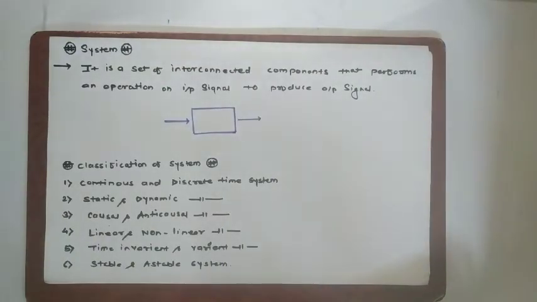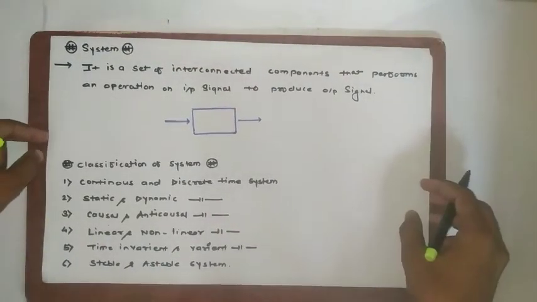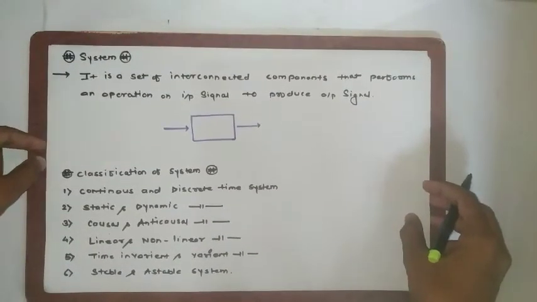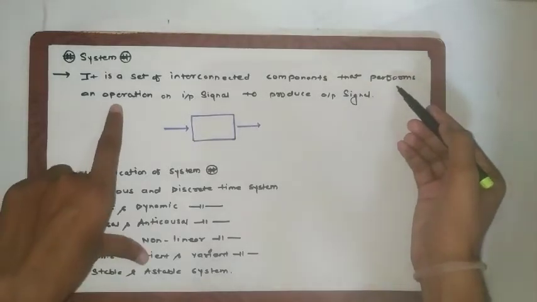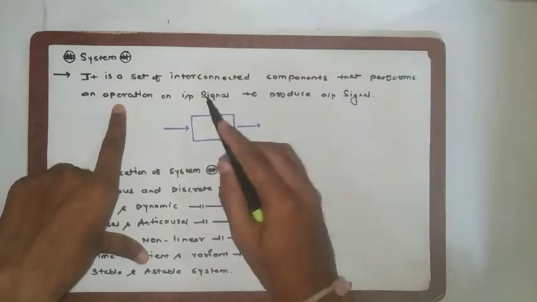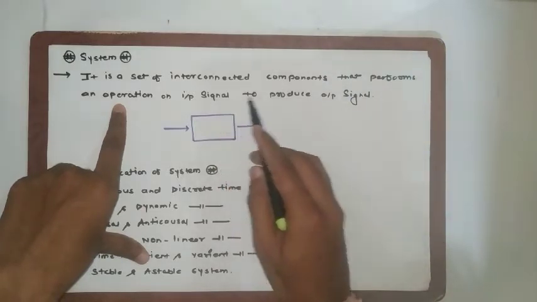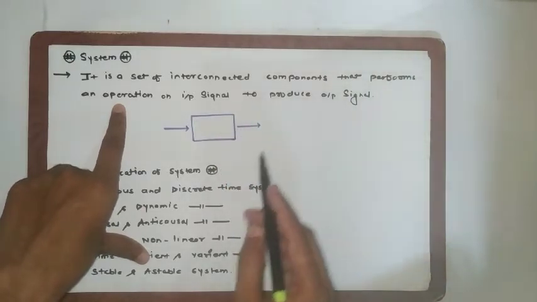Now, first we'll define what we actually mean by system. Basically, it is a set of interconnected components that performs an operation on an input signal and produces another signal as output.